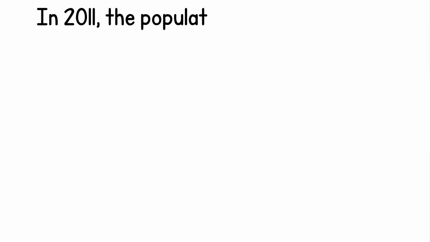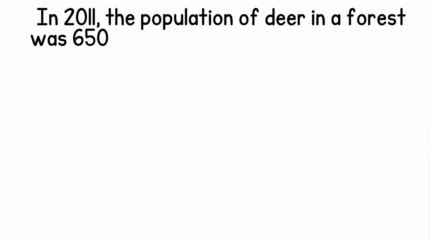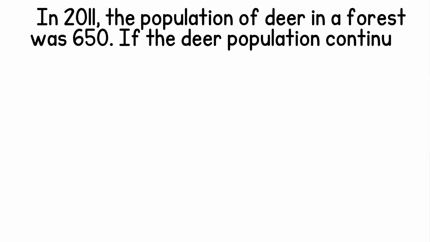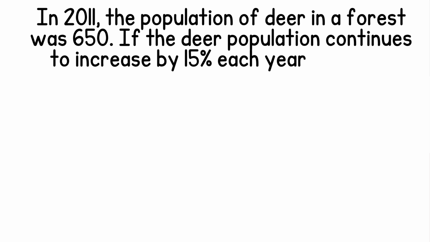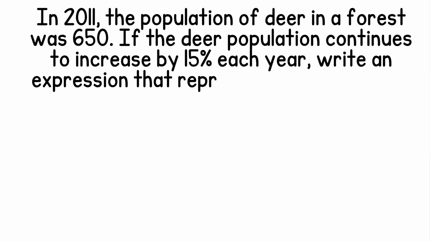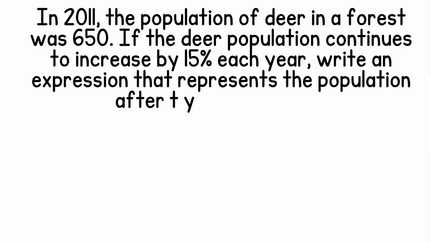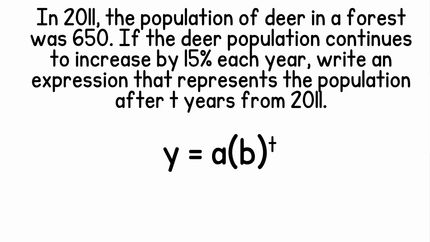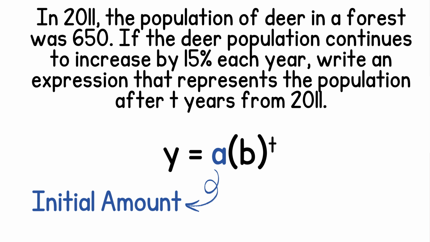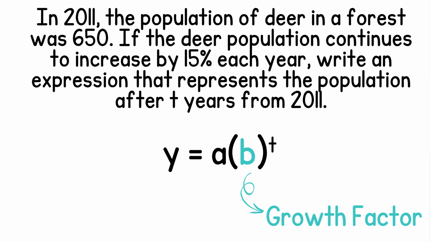In 2011, the population of deer in a forest was 650. If the deer population continues to increase by 15% each year, write an expression that represents the population after t years from 2011. So we'll start with our exponential function, where we know that a is the initial amount and b is our growth factor.